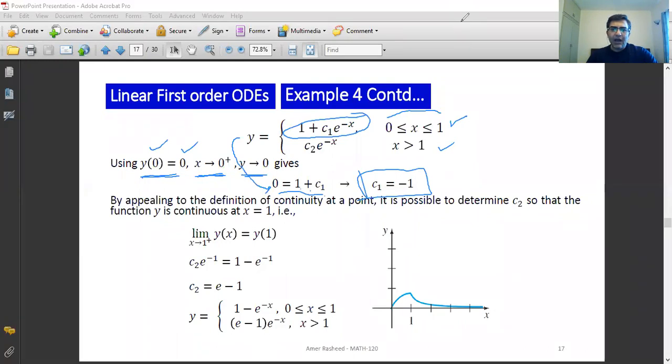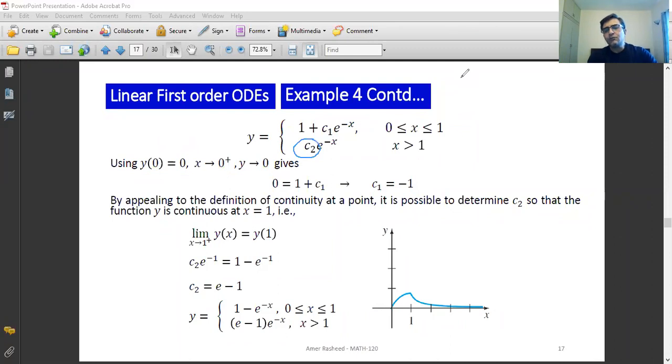Now the question is how to find this constant C2. Normally, the solutions of differential equations are continuous functions. So using this property of continuity, we will use the condition of continuity at point 1, because there is a break in the solution at x equal to 1.